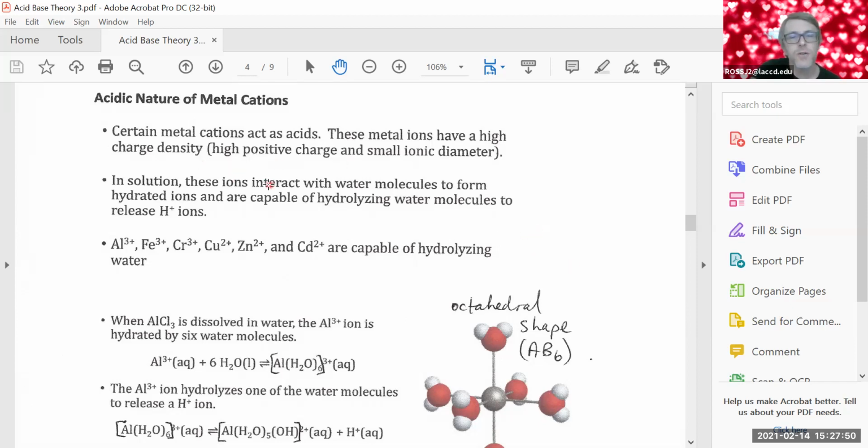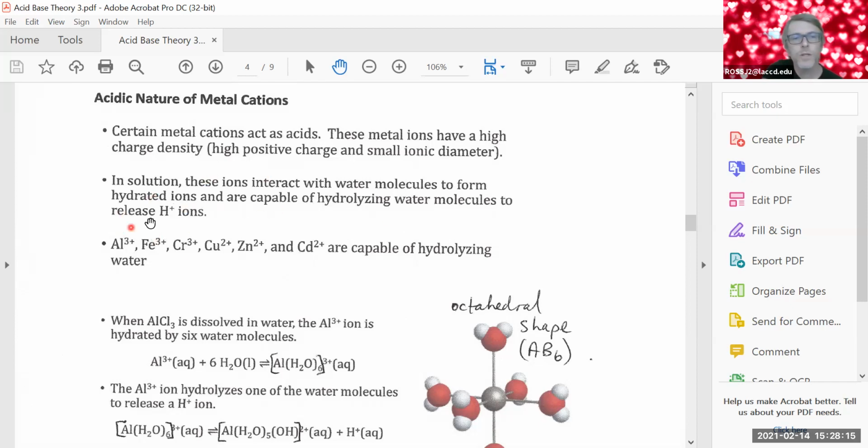So the acidic nature of metal cations: we said that metal cations are always going to be classified as Lewis acids because they can accept electron pairs to different extents. But here we're going to see a bit more about how it actually operates, and it's a bit more involved than you might initially think.